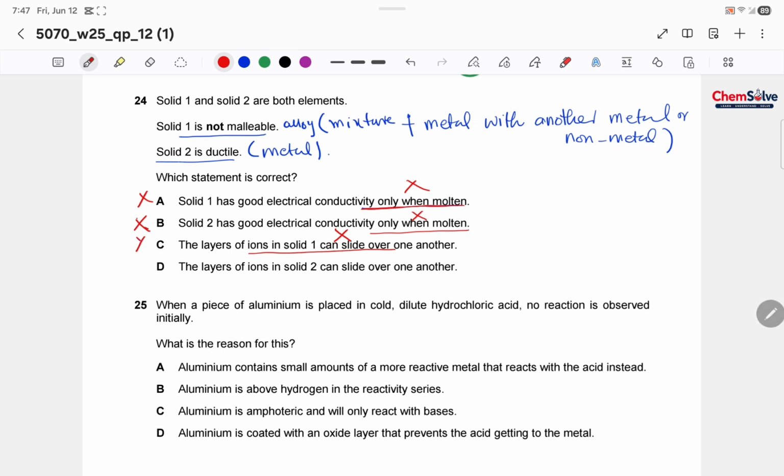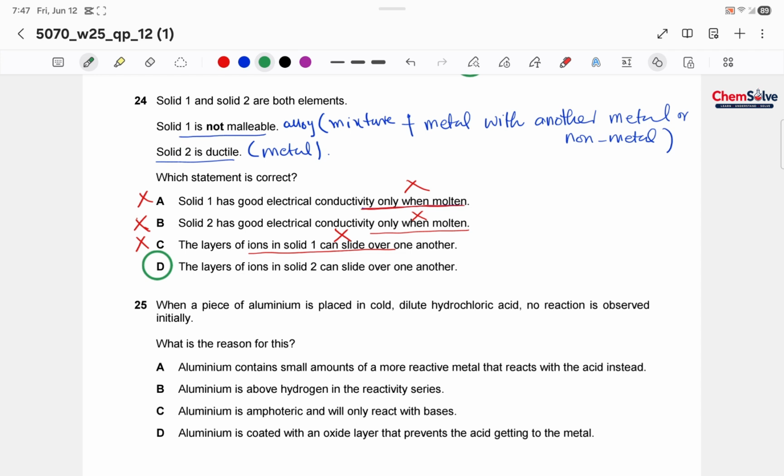So this statement is not true. The layers of the ions in solid 2 can slide over one another. Yes, this is true, of course. In metals, the layers of the positive ions can slide over each other.